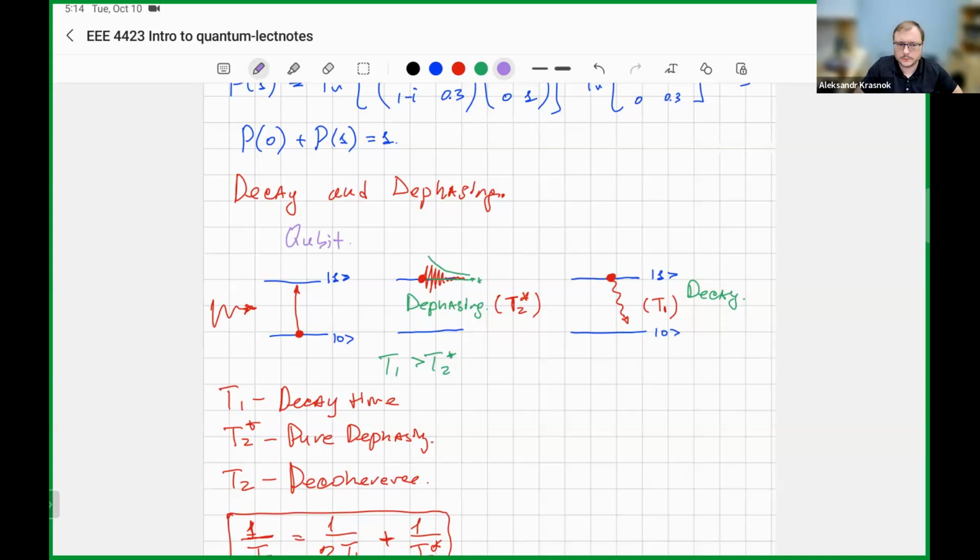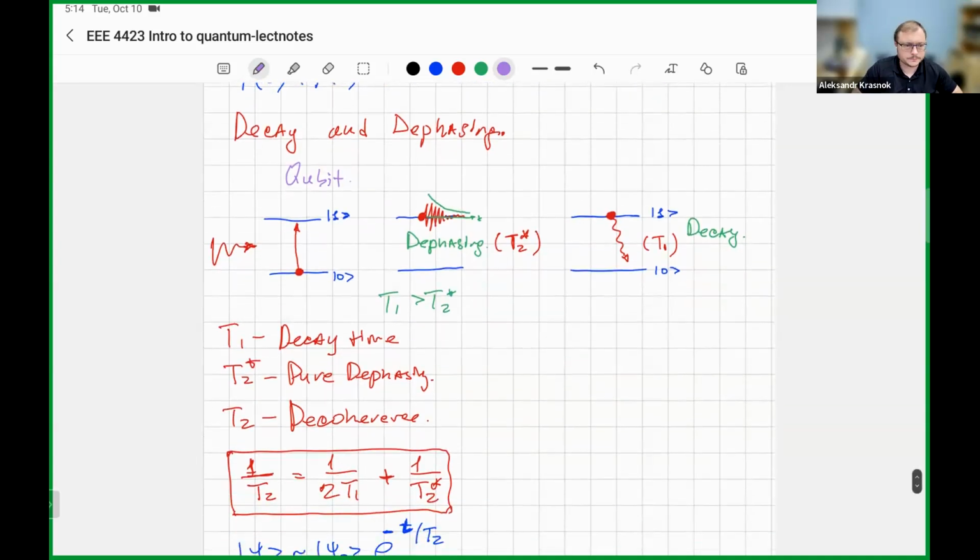Decay describes the energy dissipation in the system when the qubit transits from the excited state to the ground state spontaneously, and it takes the time duration T1. Dephasing is the process of losing the phase of the qubit, and is described by the duration T2 star.